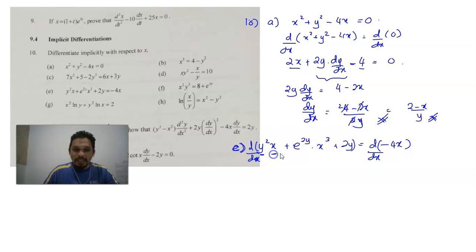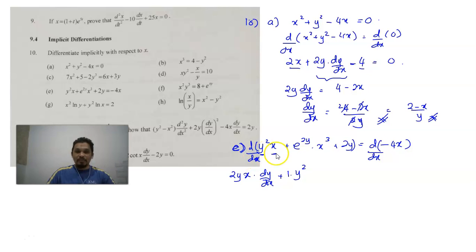First, derive the y squared, which gives you 2y, and because we derive y with respect to x, we write dy/dx. Plus, now it's time for x: differentiate x to get 1, multiplied by y squared.